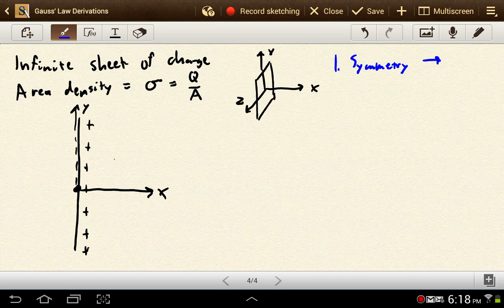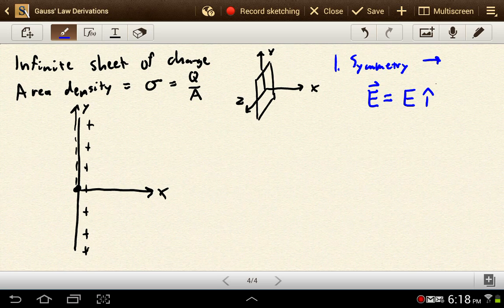If the field had some upward component, you'd be able to do a change of coordinates where you just spin everything around the x-axis and turn it into a downward component. But the universe shouldn't care what your coordinate system is. So symmetry basically proves that the electric field has to be in the x direction only.